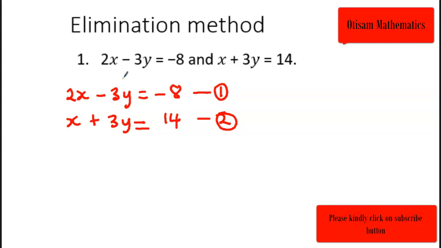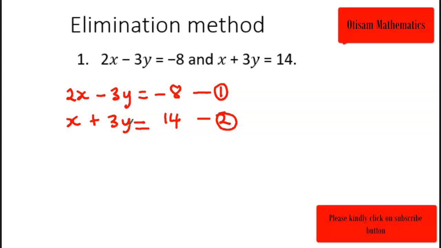Now, in eliminating one of the variables, there are steps that you need to go through. The first step is to decide which variable you want to eliminate. In this case, we have x and y. So I have to decide either to eliminate x or y.